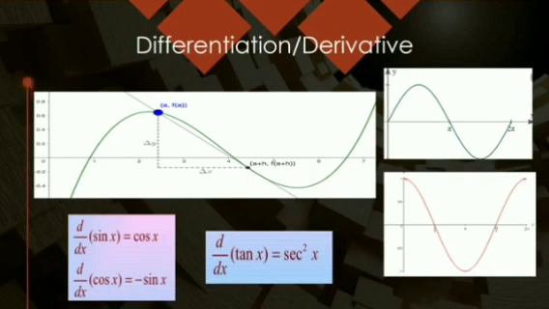Suppose this is the graph of sin x, the sine graph. What is the derivative here? Derivative means slope, and slope means you have to draw the tangent. Here, if you draw the tangent, theta is more. At this point, theta will be less, and at the maximum value, if you draw the tangent, theta is 0. So at the maximum value I get derivative 0.